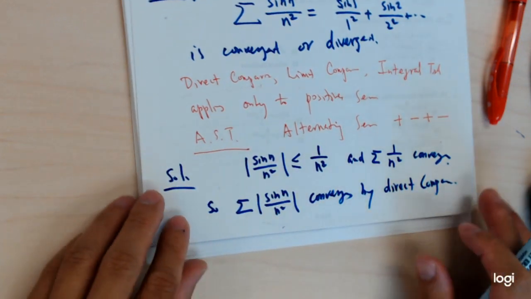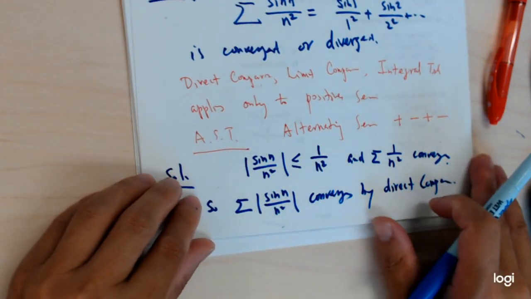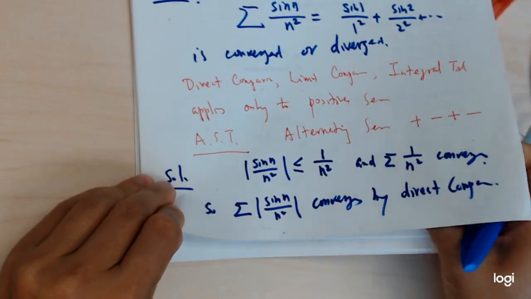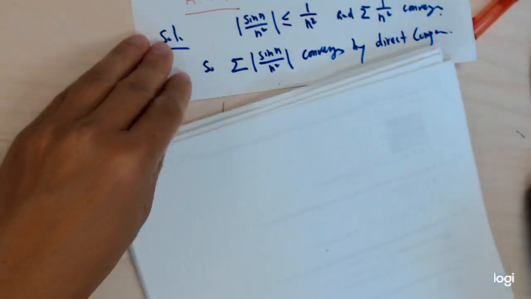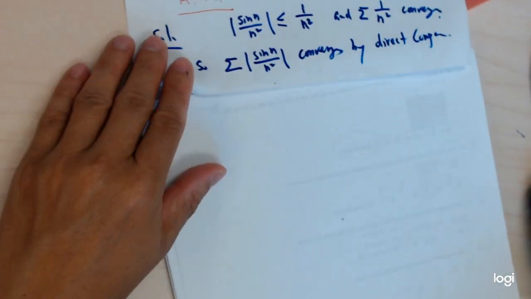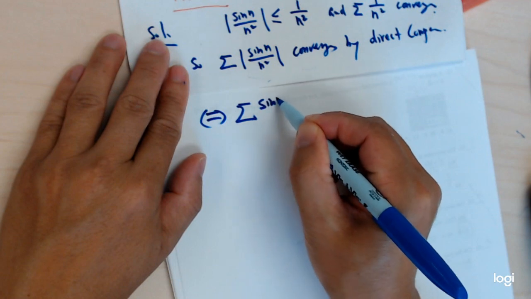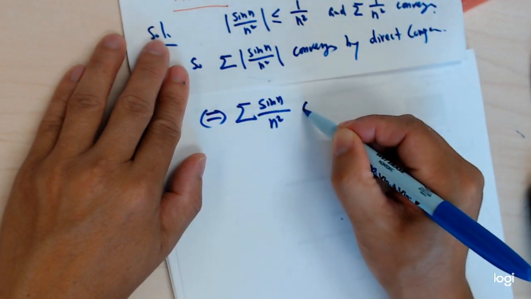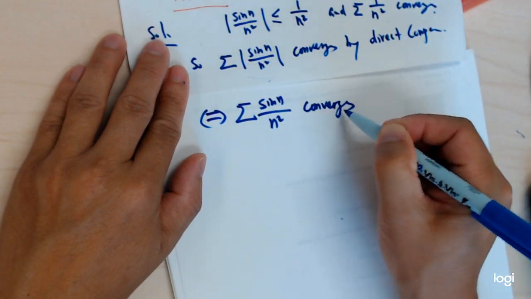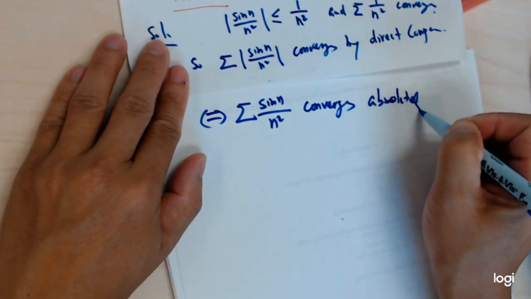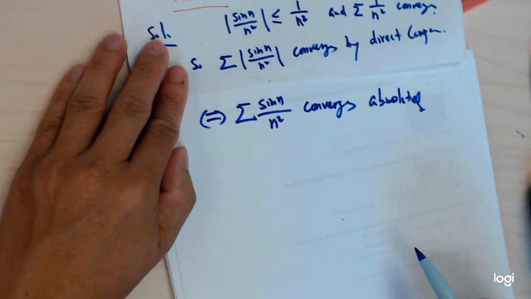And this statement right here, the sum of sine n over n squared in absolute value converges. This statement is equivalent to saying the original series converges absolutely.